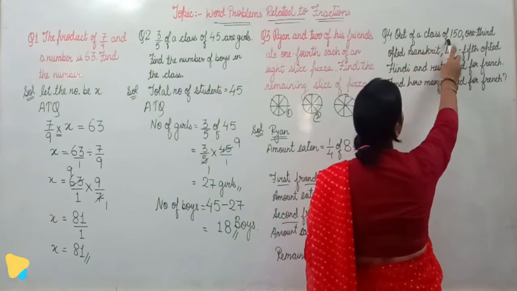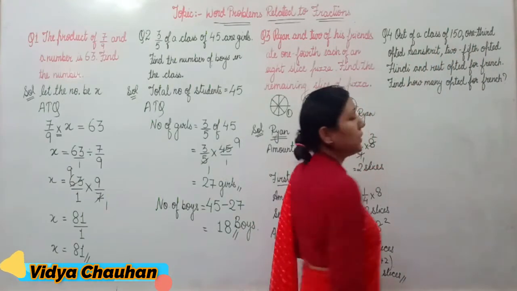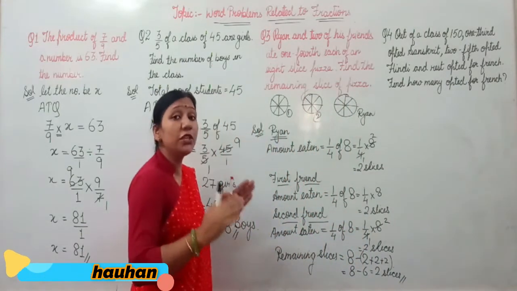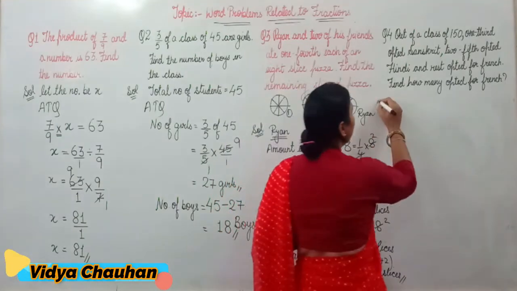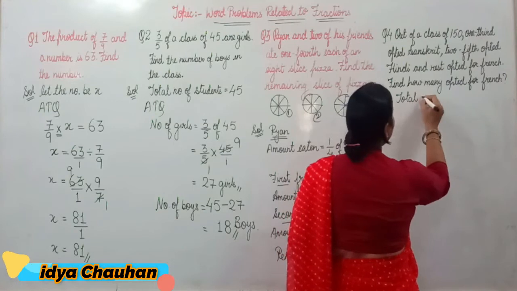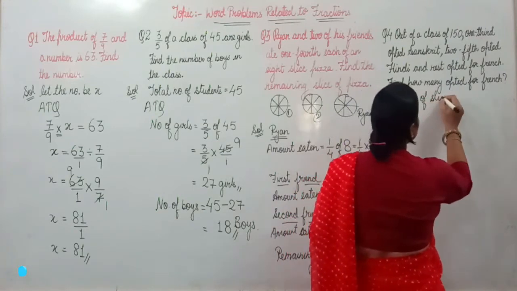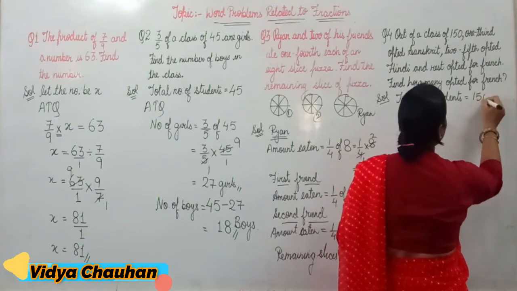Out of a class of 150, 1/3 opted Sanskrit. So there is a class in which the total number of students is 150. What is the total strength? 150. So the total number of students in the classroom is 150.